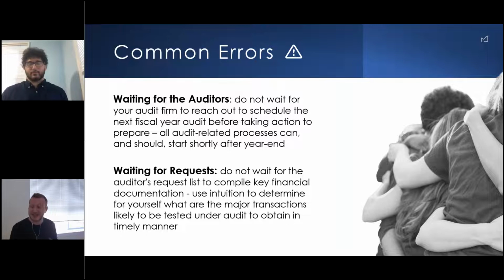Auditors will take a sample of transactions which might not be significant, but more often than not, everything significant they will be looking at. So use your knowledge of your organization to know if this happened during the year, I know that's big for us. Let's make sure that we have all the key documentation there and ready before the auditors ask for it.